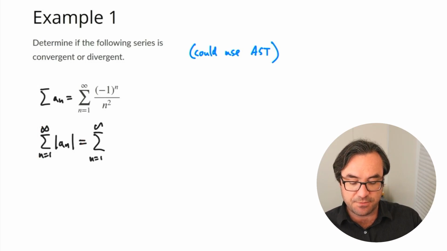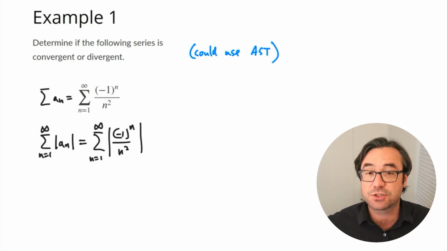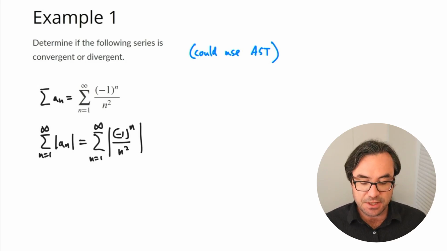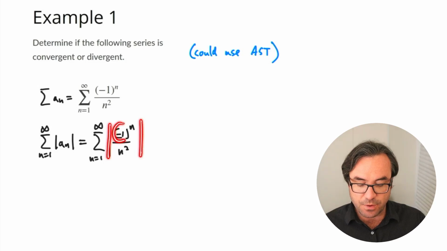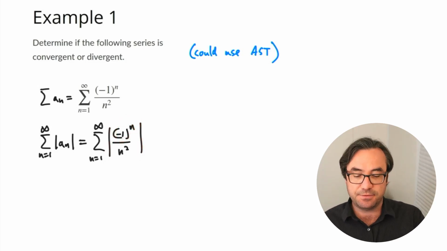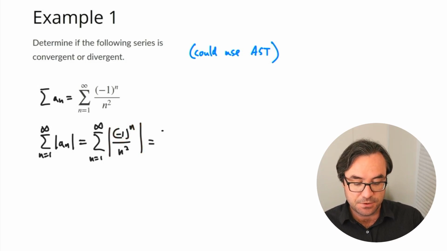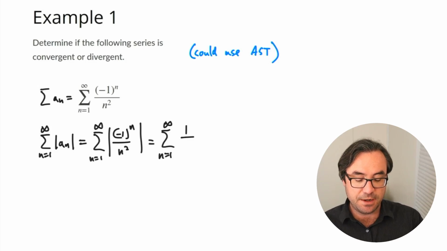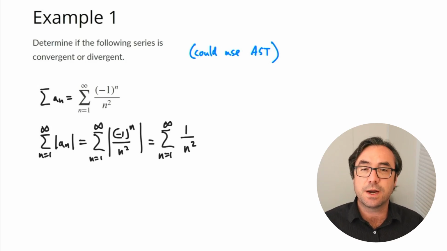We're going to have the sum from n equals 1 to infinity of the absolute value of negative 1 raised to the power n over n squared. And the nice thing with an absolute value is that the negative 1 raised to the power n just gets canceled off. So this becomes just the sum from n equals 1 to infinity of 1 over n squared.